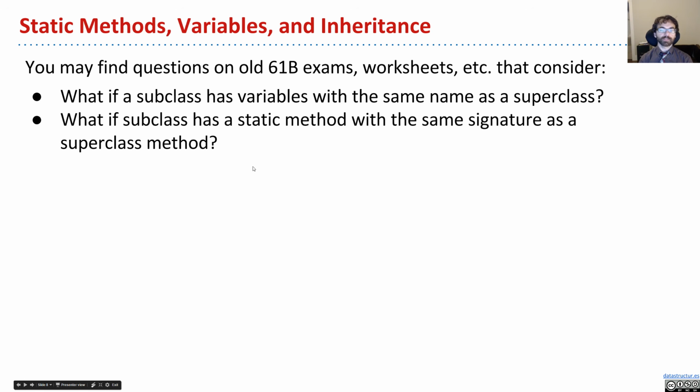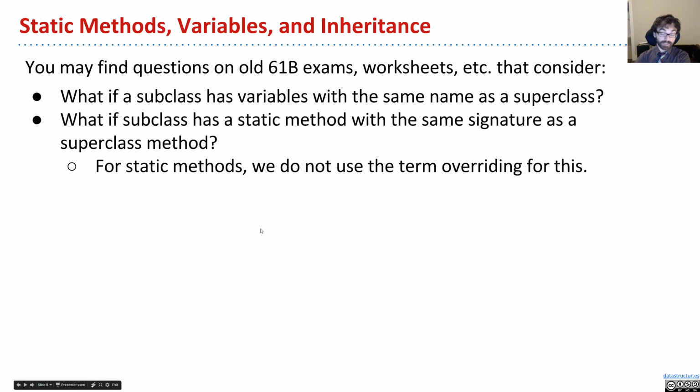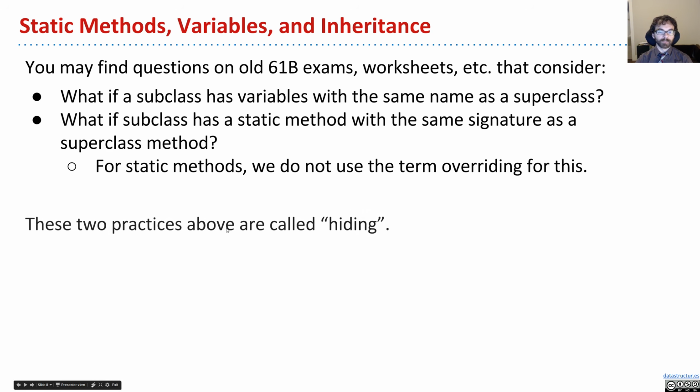Another type of question: what if a subclass has a static method with the same signature as a superclass method? So maybe we have maxDog in both Dog and in ShowDog. I'll mention briefly, for static methods, this does not count as overriding. Overriding only applies to non-static methods.